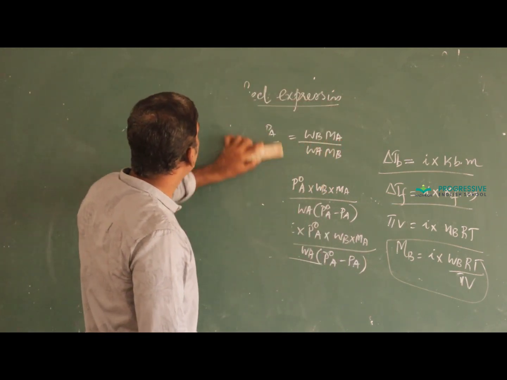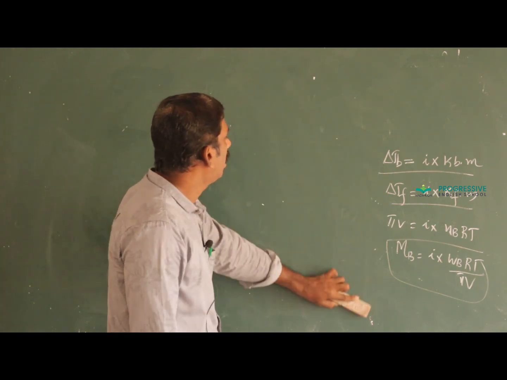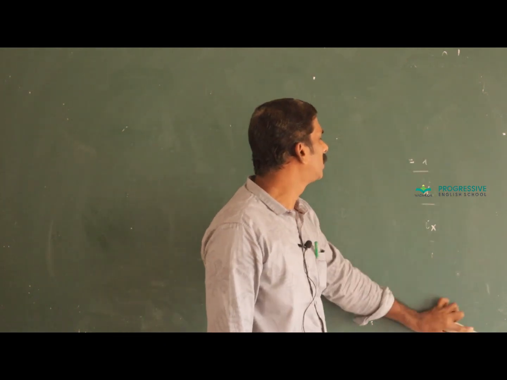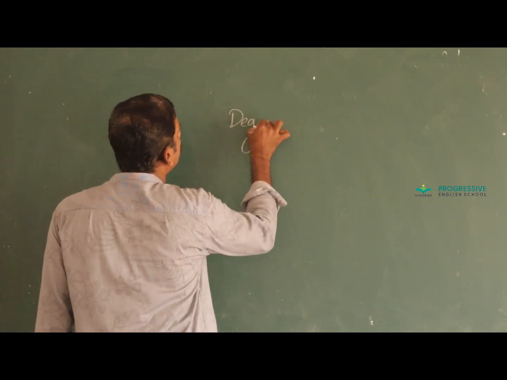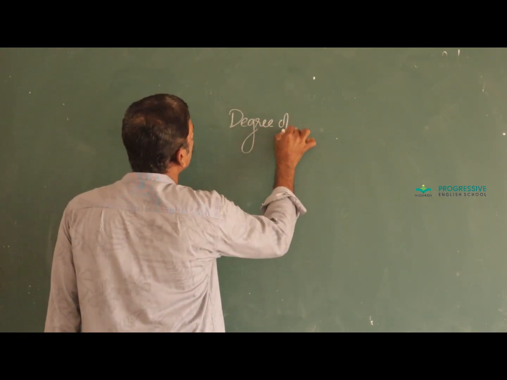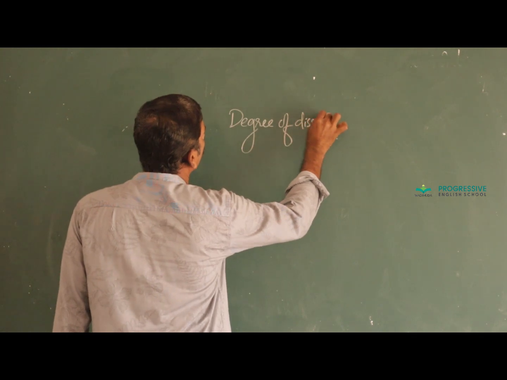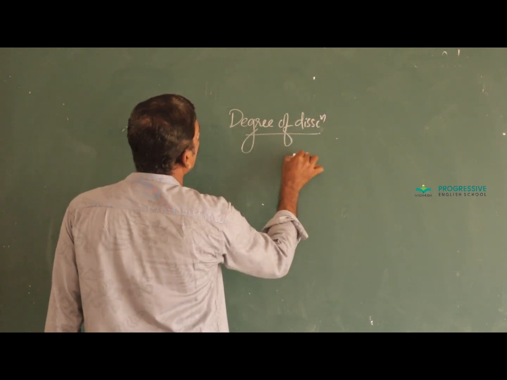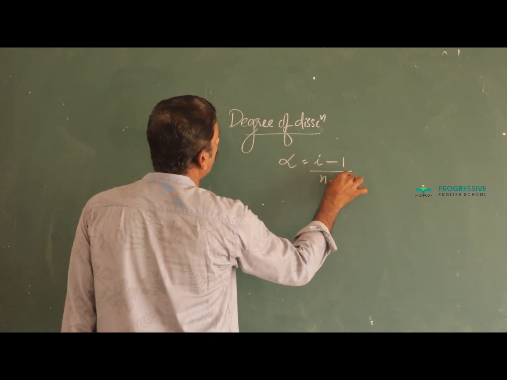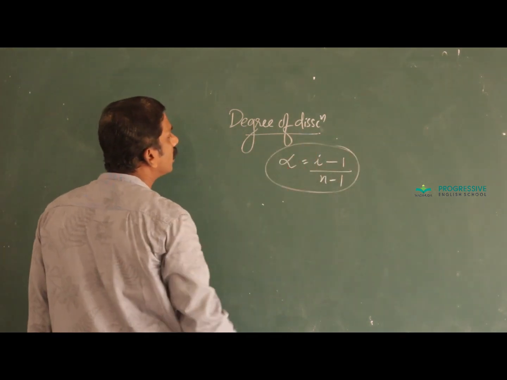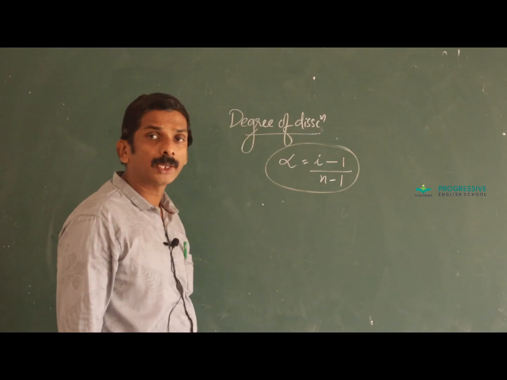And we can find out the degree of dissociation by using an expression. Degree of dissociation alpha equal to (i minus 1) divided by (n minus 1). i is the Van Hoff factor.